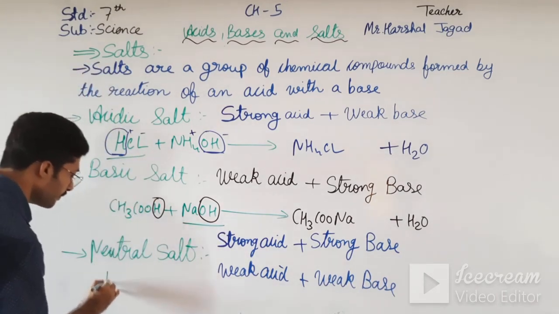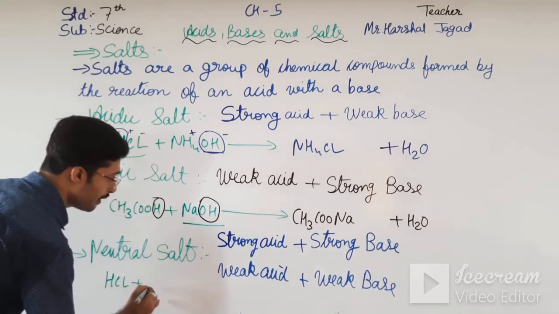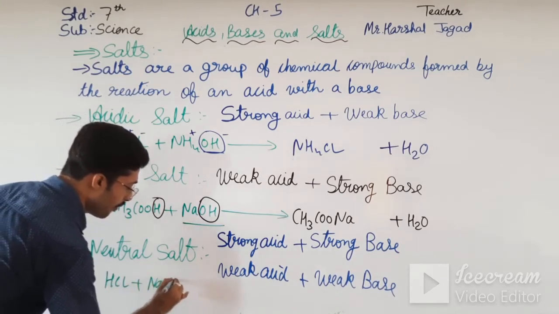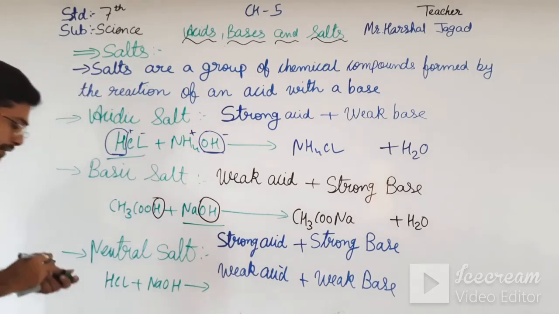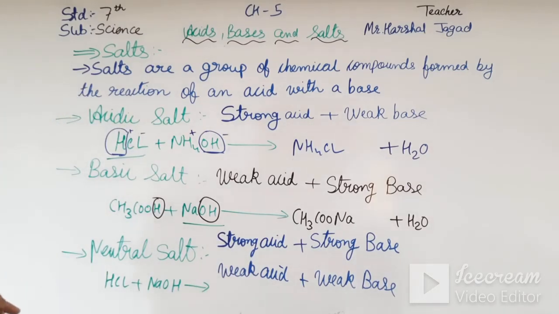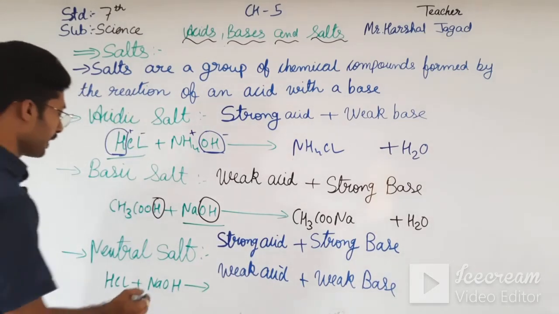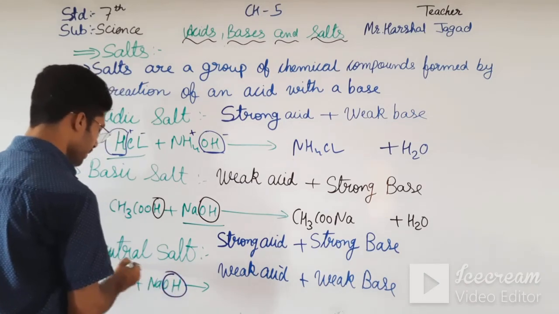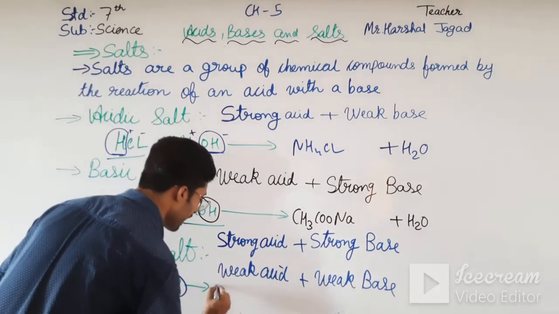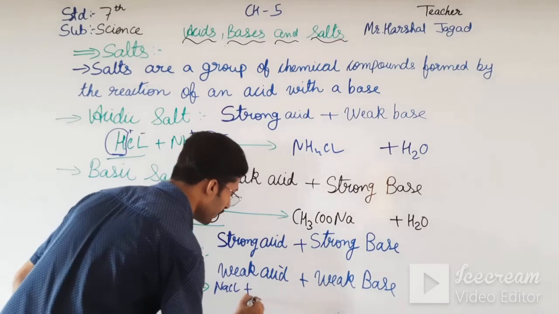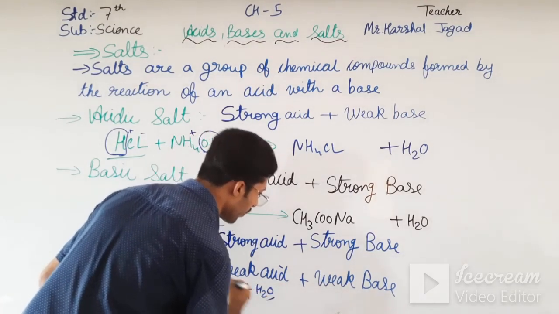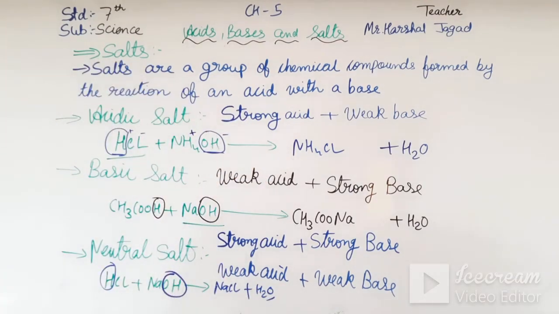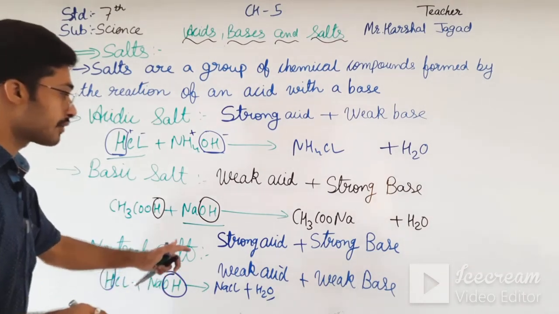If we react HCl plus NaOH, then what will we get? We will get water from this both H, and we will get NaCl plus H2O. Okay students, NaCl plus H2O, this is our strong acid, strong base.